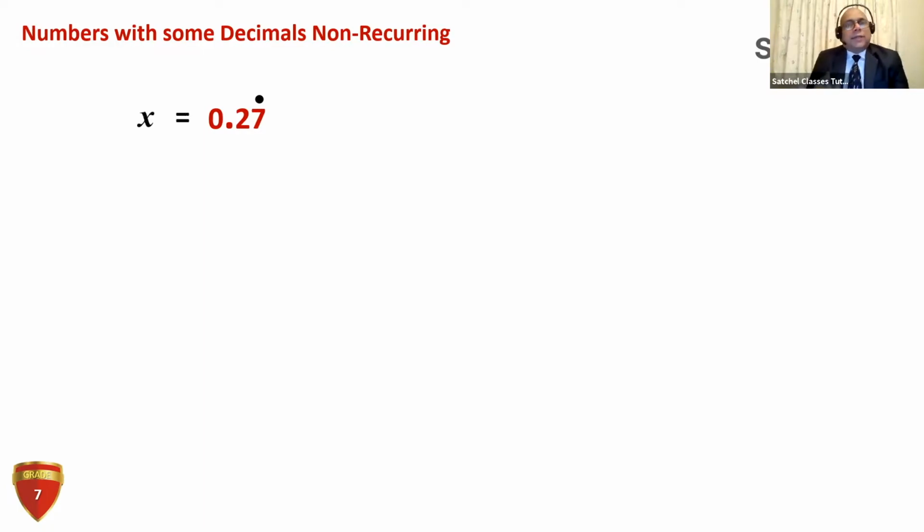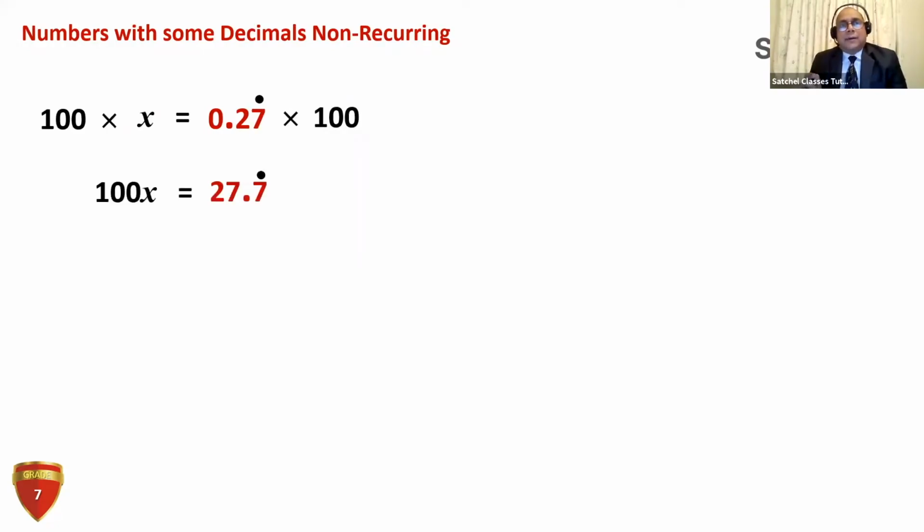Because there are two digits, we first multiply by 100. So 100x will be 27.7 recurring. Remember, only the digit 7 is recurring. Now if I subtract this from x, you realize the decimals won't cancel, because 100x has 7 recurring, whereas x has 0.2 and 7 recurring.